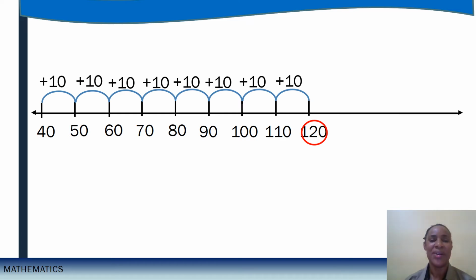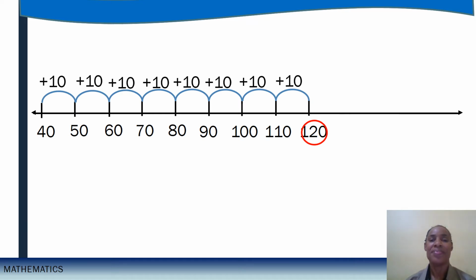Now, boys and girls, I want you to do one more thing for me. Look at the multiples of 10 shown here on this number line and tell me what you notice about them. In other words, I want you to tell me what is the same about them.